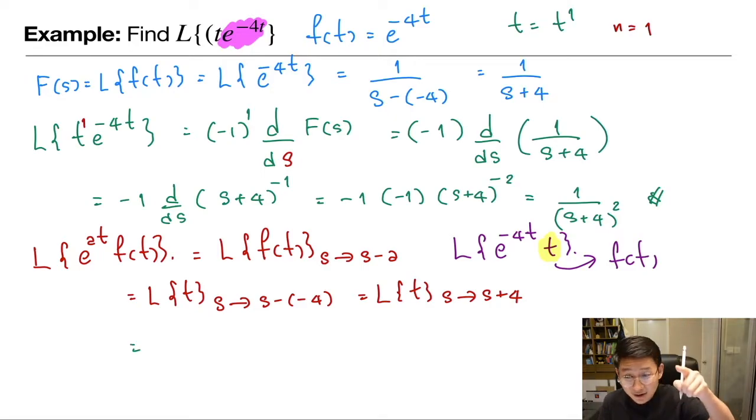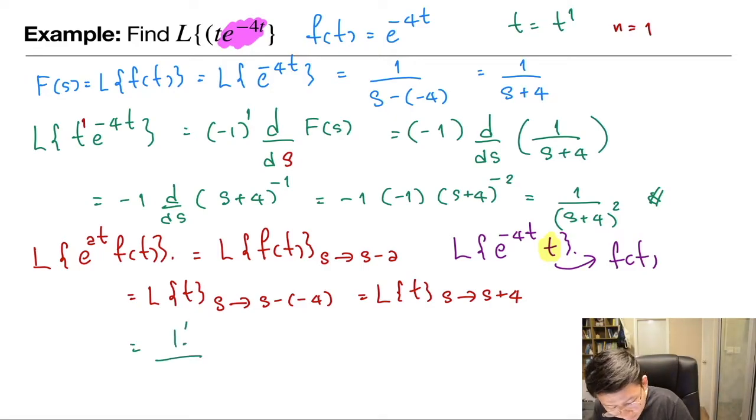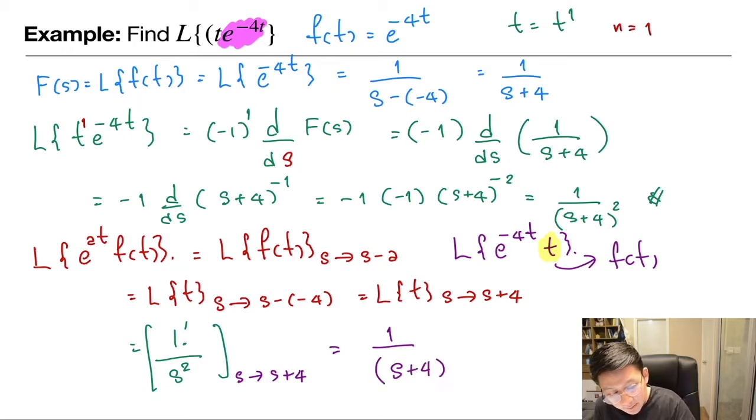It's t to the 1, so you get 1 factorial divided by s squared, and then you change s to s plus 4. So that's why you get 1 divided by s plus 4 squared. And as you see, they are identical. They are exactly the same.